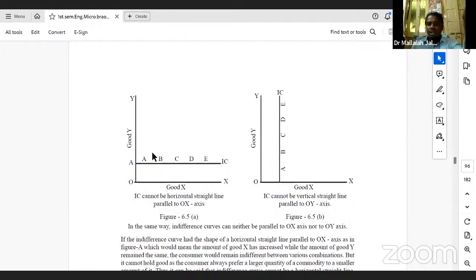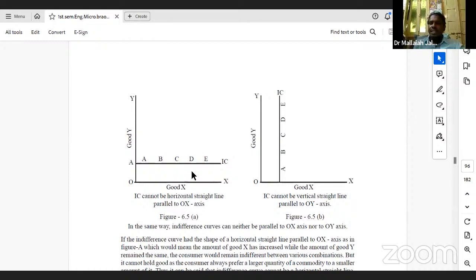Earlier we have seen the table, but here it is constant. It is opposite to the law, or assumptions, of the indifference curve. That is the reason why indifference curves are not horizontal in shape. Getting my point?